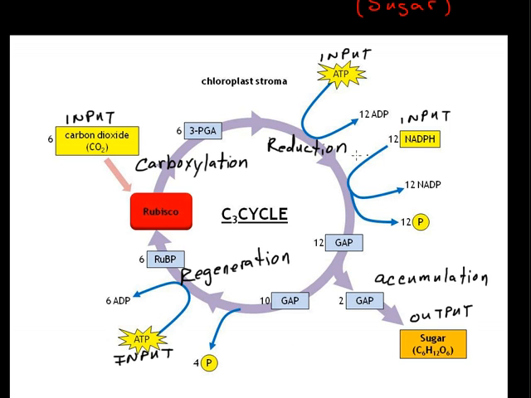And so inputs are in yellow, output is in orange here. The big molecule, the most important one of this process, is this Rubisco molecule. And again, it's called the C3 cycle because this stuff, 3-PGA, has 3 carbons in it. And so that's where this C3 nickname for this cycle comes from. This is also known as you can see in the notes, the Calvin cycle.